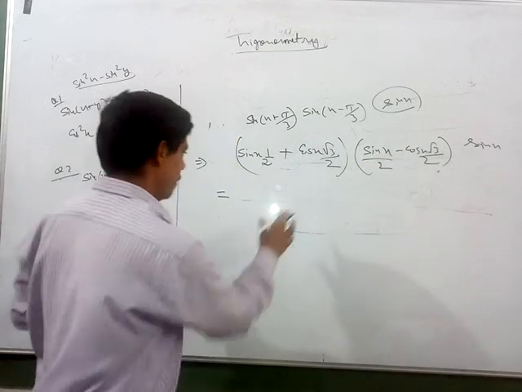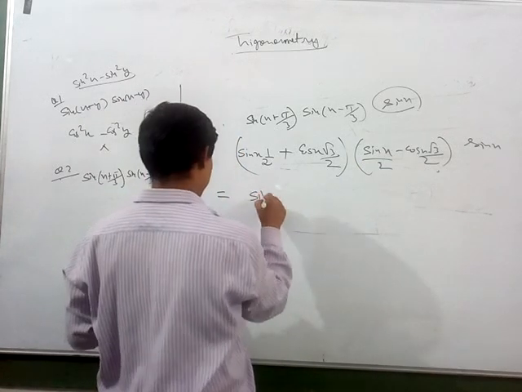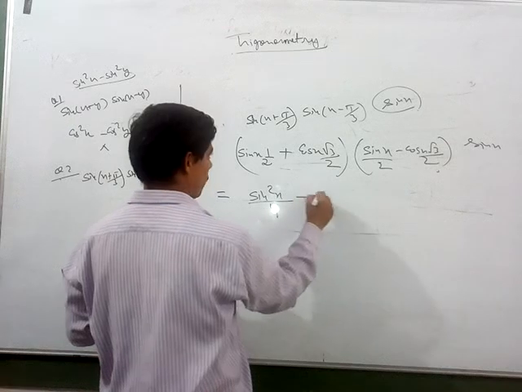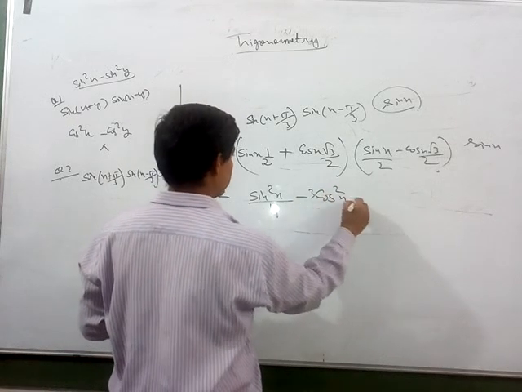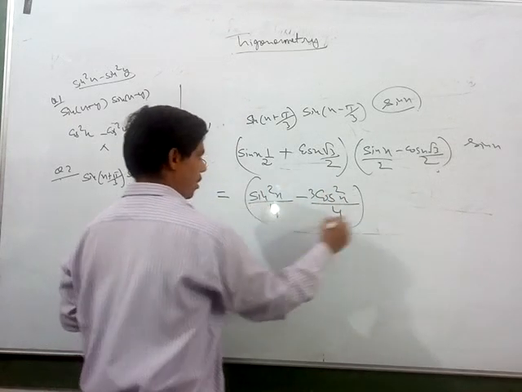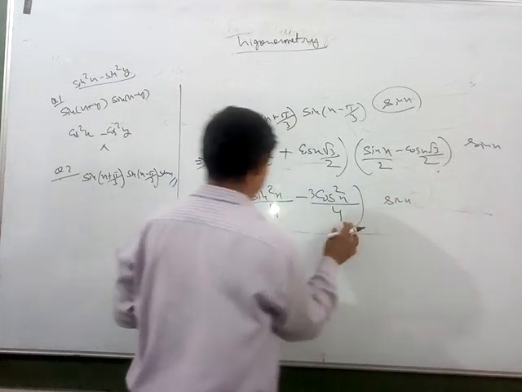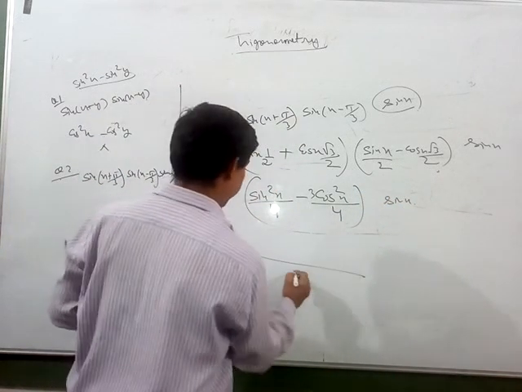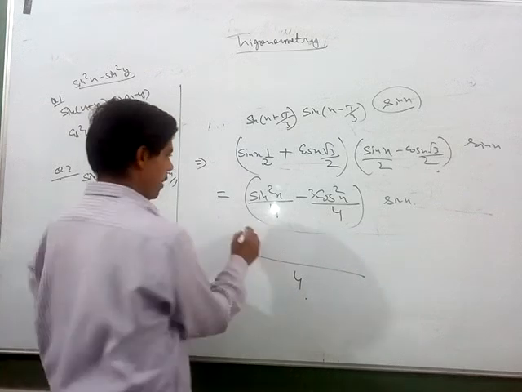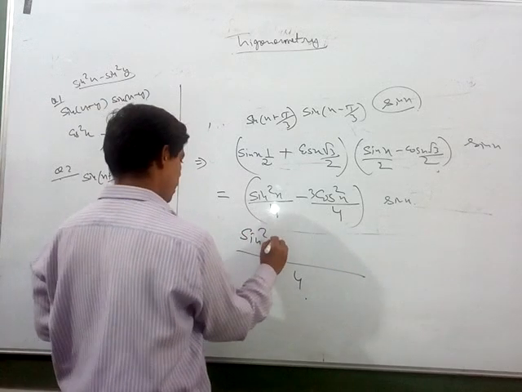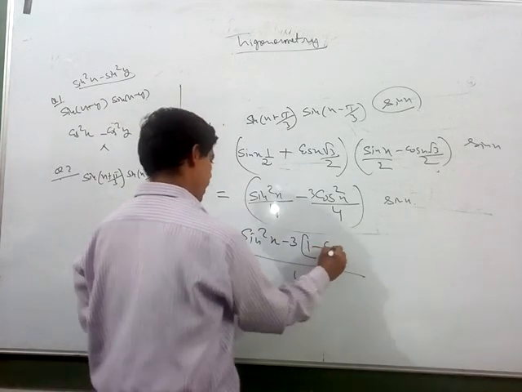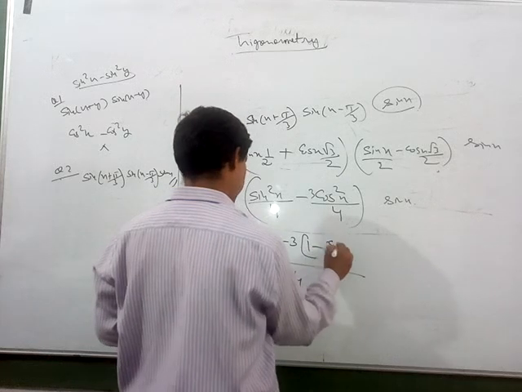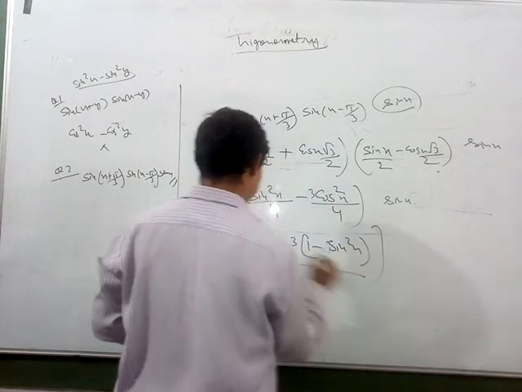Now you can multiply. So you will get sin square x upon 4 minus 3 cos square x upon 4, into sin x. Now you can take 4 as the LCM, and here you will get sin square x minus 3 into (1 minus sin square x), into sin x.